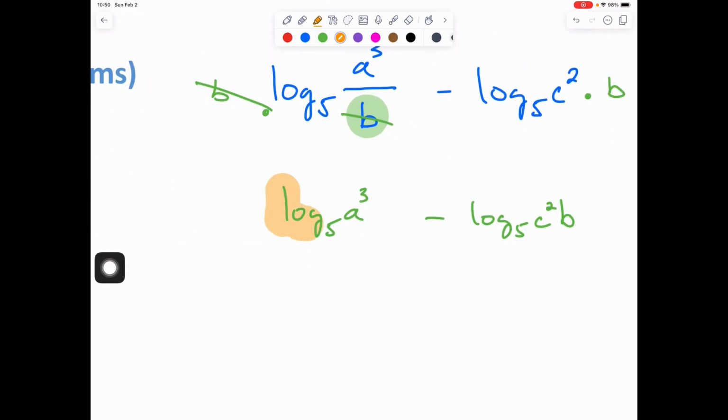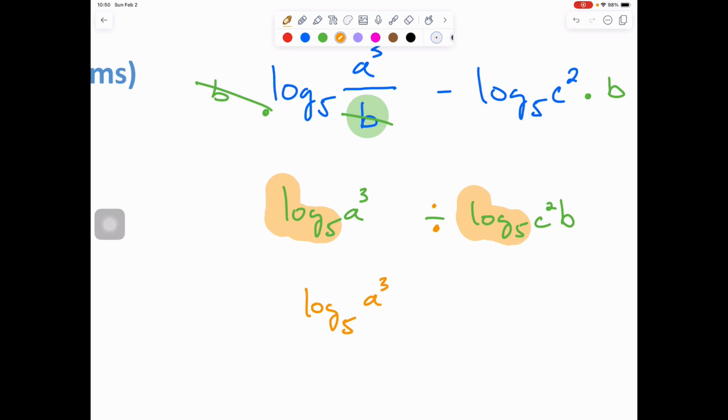Yes, they both do share the log base of 5. Let's just give that a highlight here. We will use that as 1. Now again, we know that our subtraction turns into, yes, division. What's left from this first one is a to the third. We're going to set that biscuit on top of the oven. And let me rewrite that.